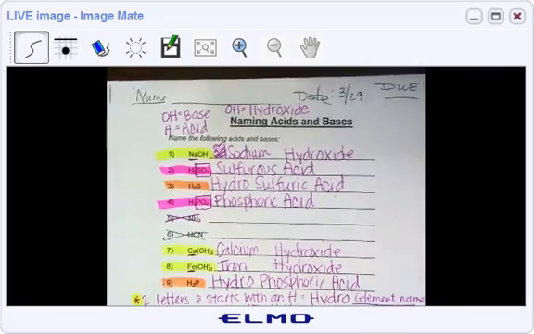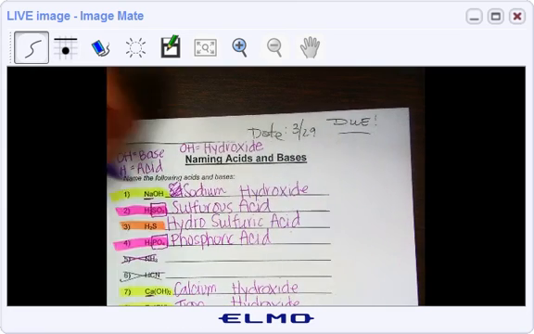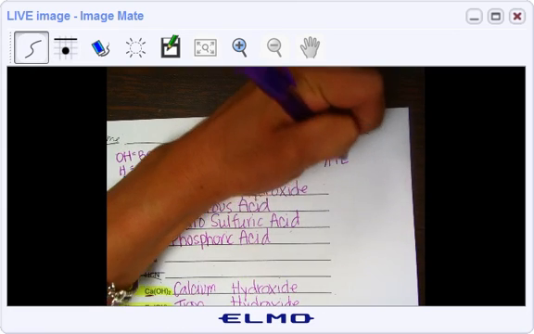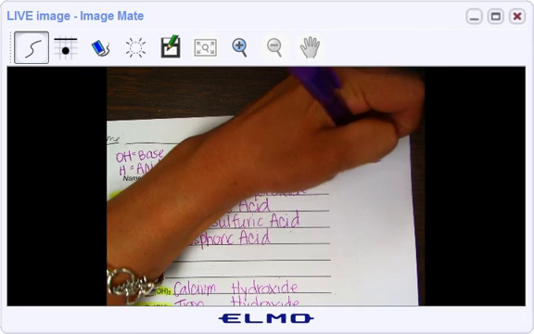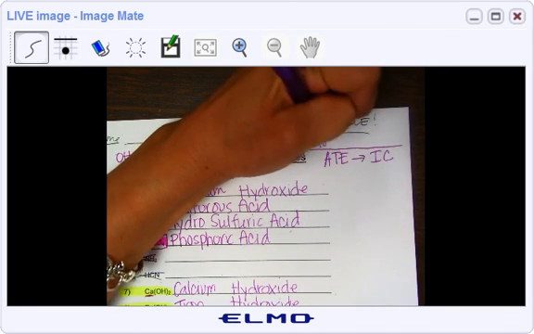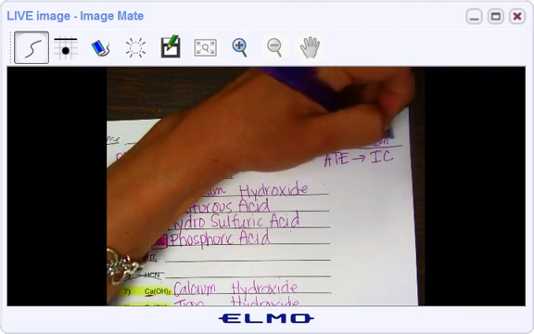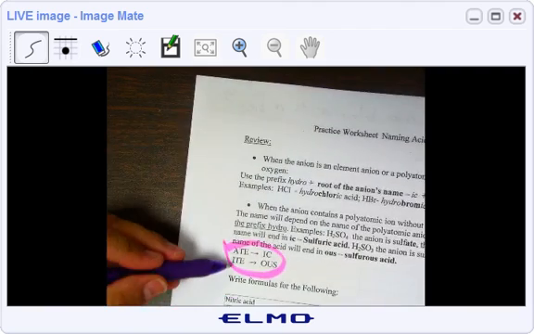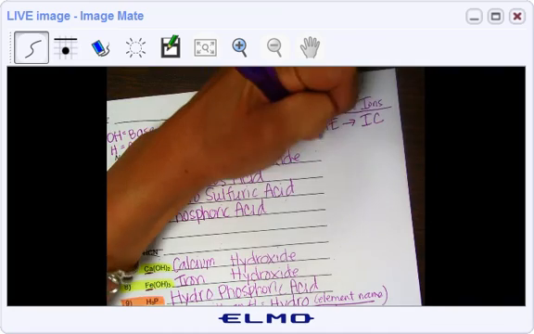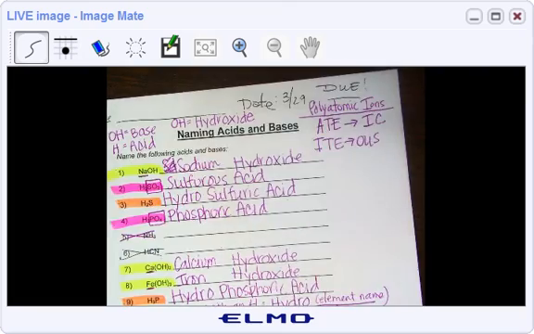So if you want to make a note on the front, ATE turns to IC. Maybe there's more room over here. And this is only for polyatomic ions. And then ITE gets changed to OUS.